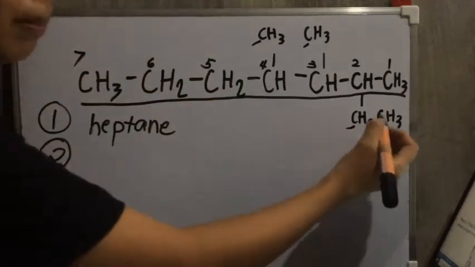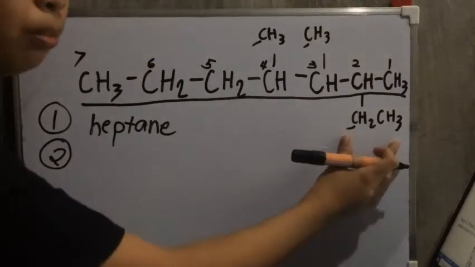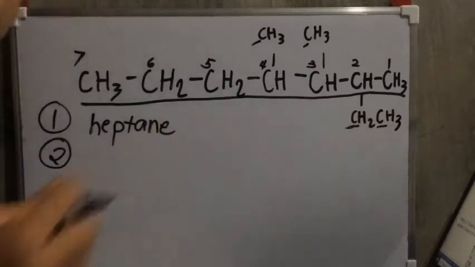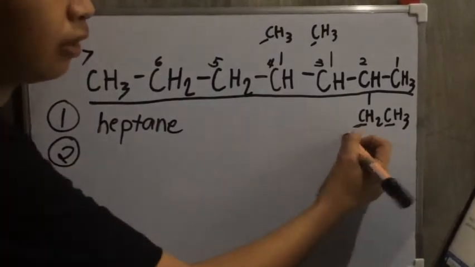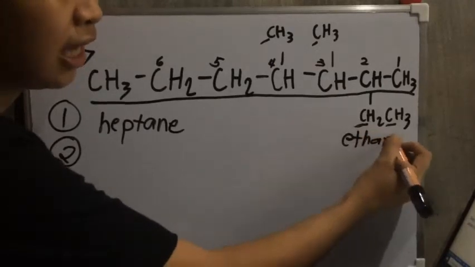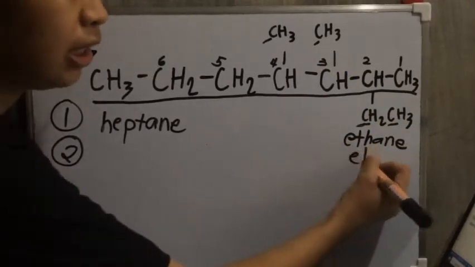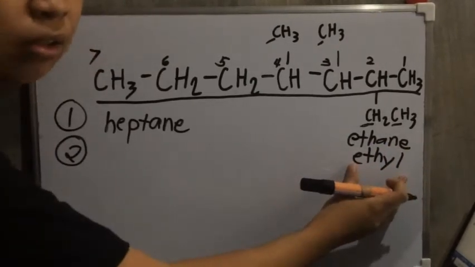Ngayon, papangalanan natin itong ating alkyl group. So, ilan yung carbon na meron siya? 1, 2. So, yun ay et. Di ba? Dati ang pangalan niya ay ethane. Pero dahil siya ay alkyl group na, magiging ethyl. So, meron tayong ethyl dito.